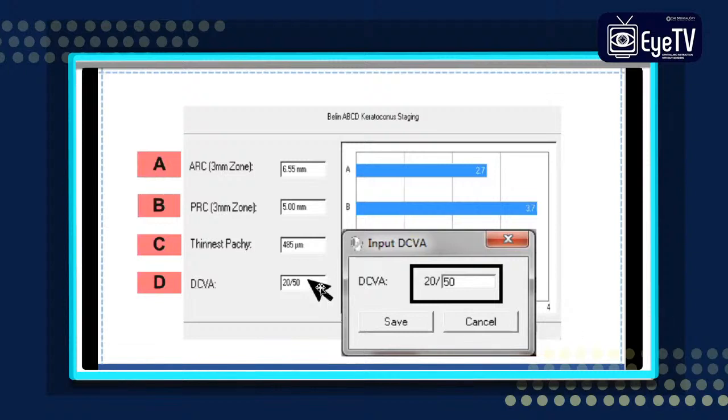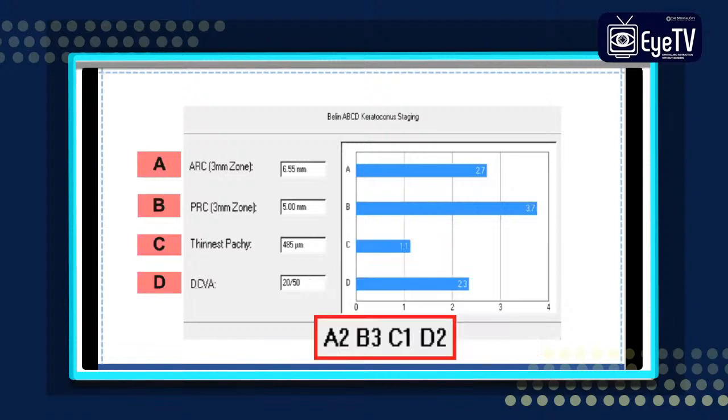So when you click on this box, you can type in the patient's distance visual acuity.